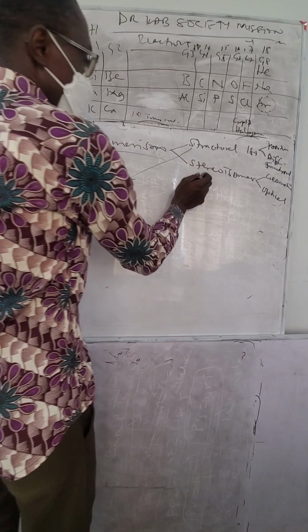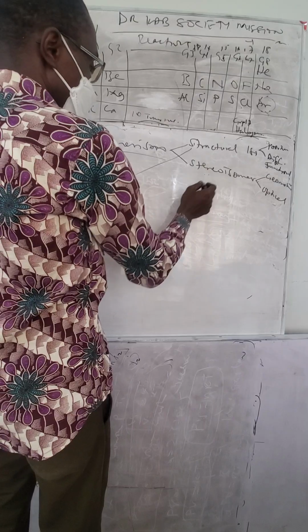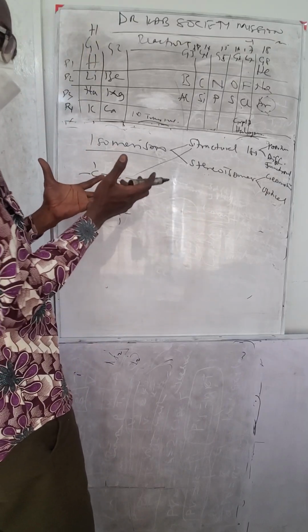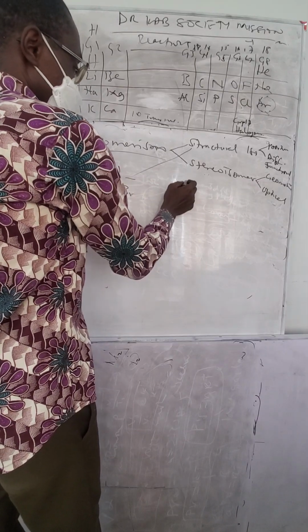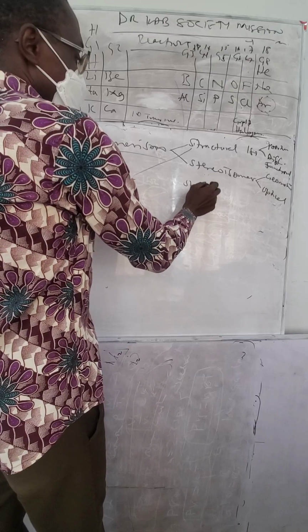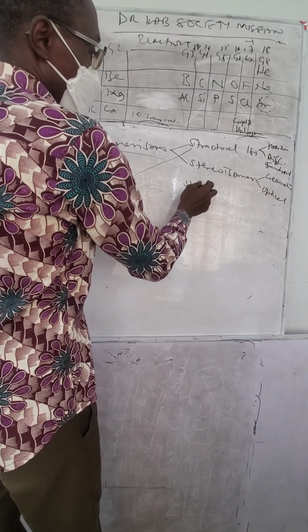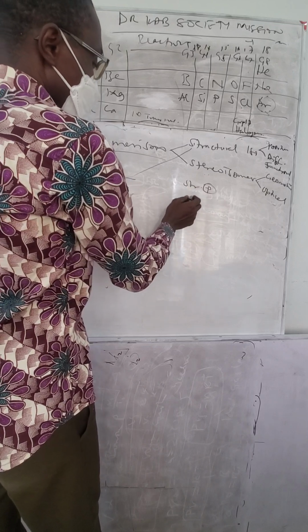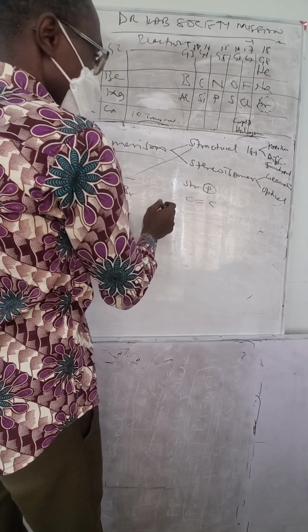Okay. Now when it comes to geometric isomers, stereoisomers, what happens is they have the same structure. Let me use an example here.